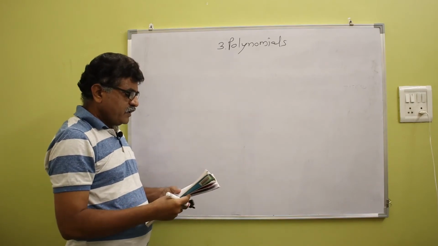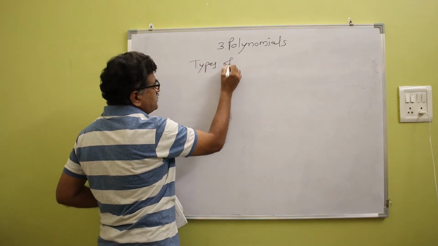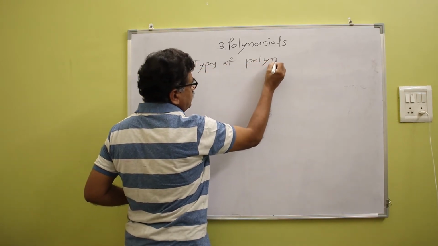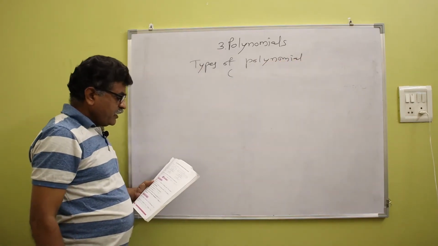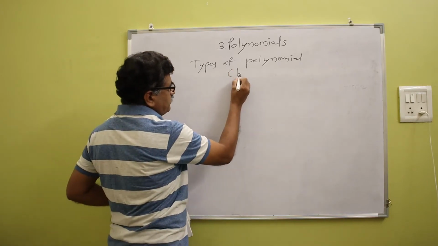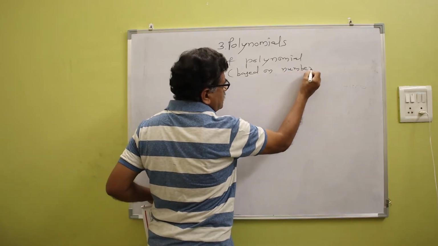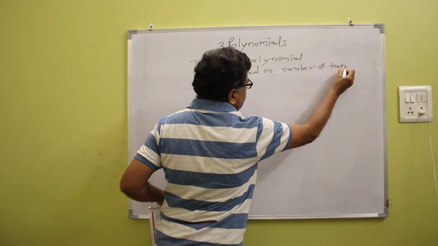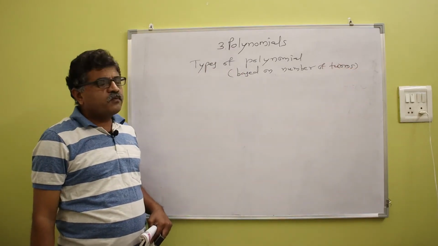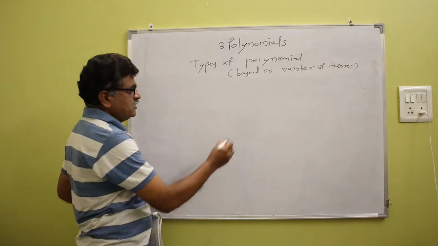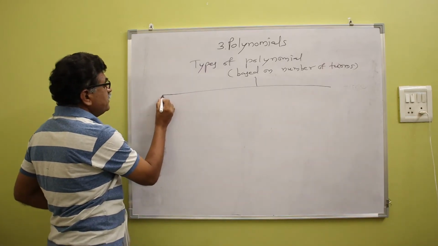Now next point, types of polynomials. Write down in bracket, based on number of terms. We have to find types of polynomials based on number of terms. Now here we see some examples.